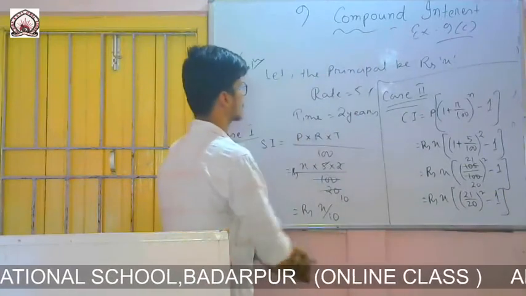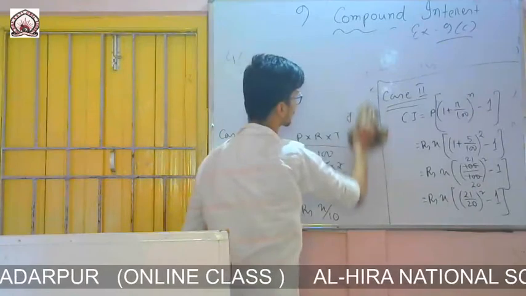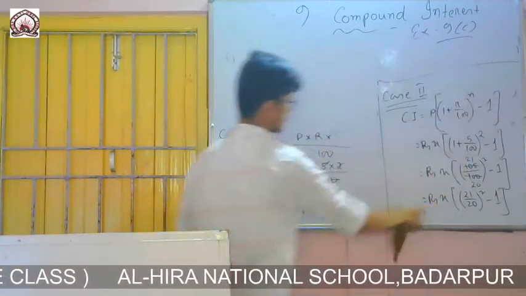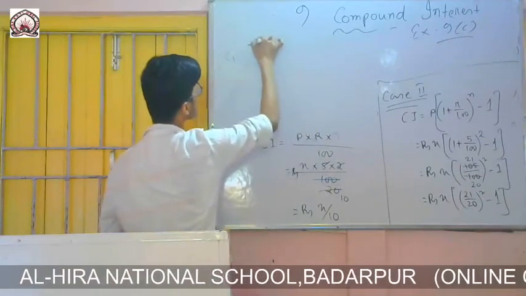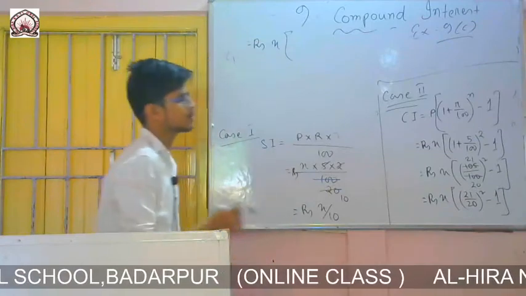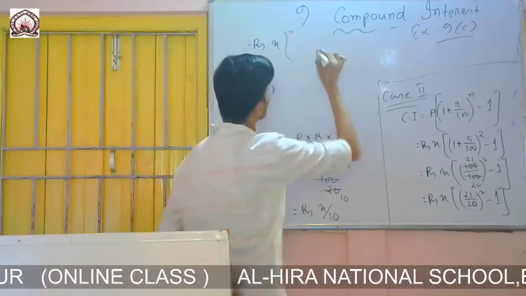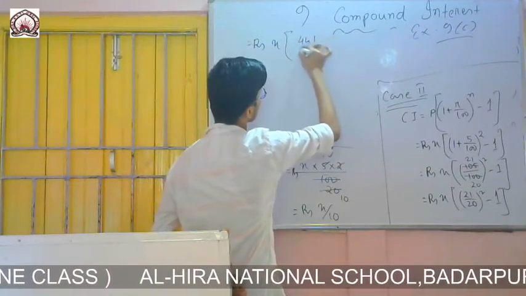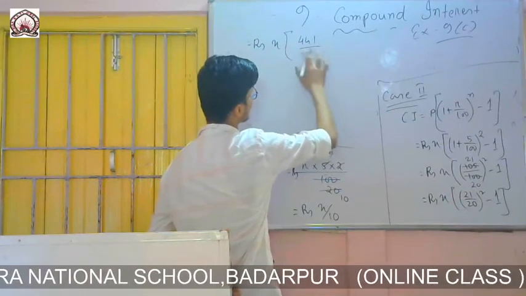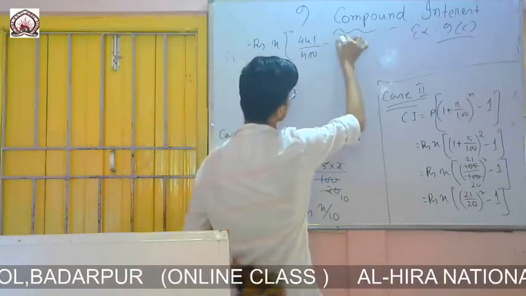Okay, now we'll solve this one. Rupees x, 21 square. 21 square is 441. Earlier also I have said this one. 21 square equals 441, 20 square equals 400, minus 1.